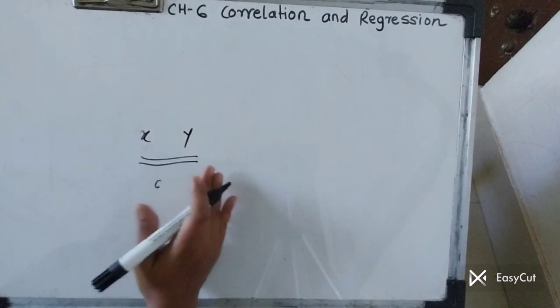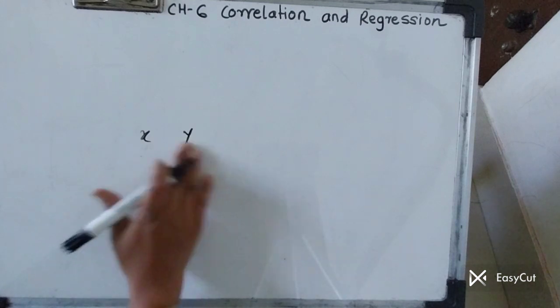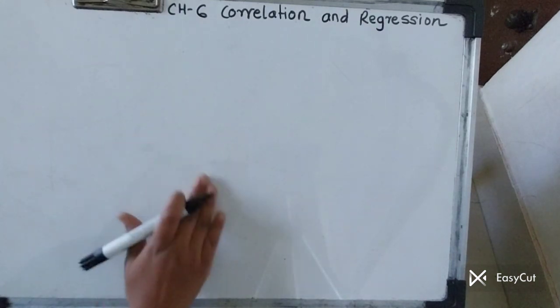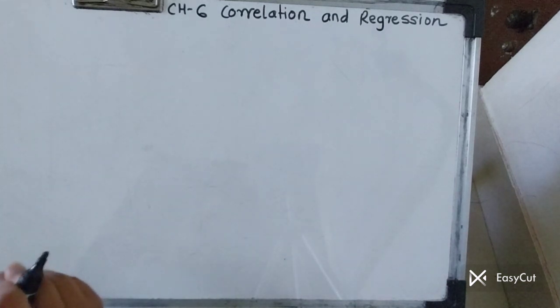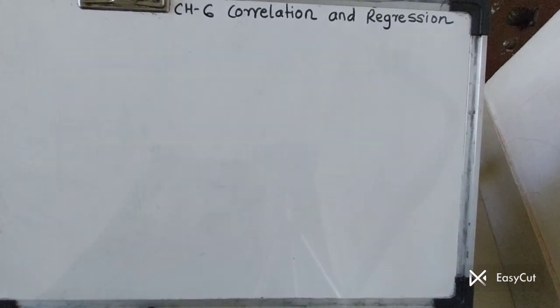All of you know what is quantitative and qualitative data, variables and attributes. So correlation is the relation between two variables, and the regressions are the lines.